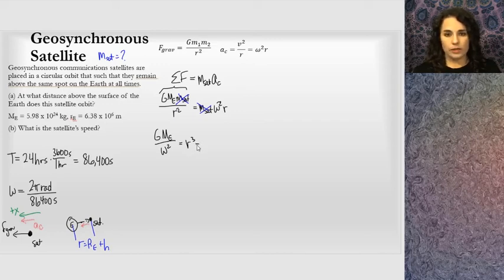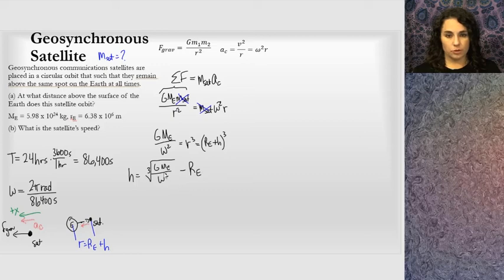And what I know about r cubed is the radius of the Earth plus the height the satellite is, cubed. So when I solve for the height of the satellite algebraically, I will get the cube root of G, mass of the Earth, over omega squared, minus the radius of the Earth.